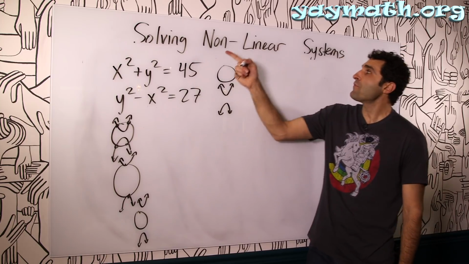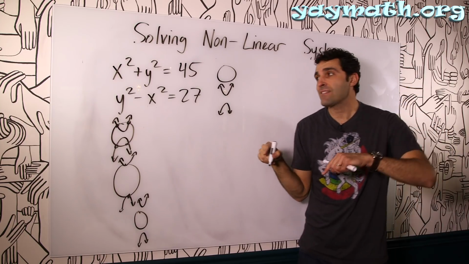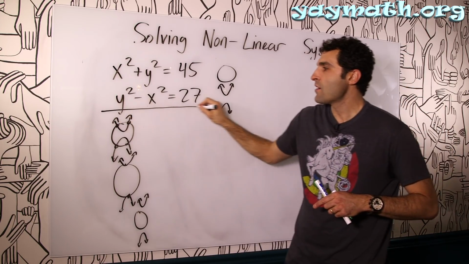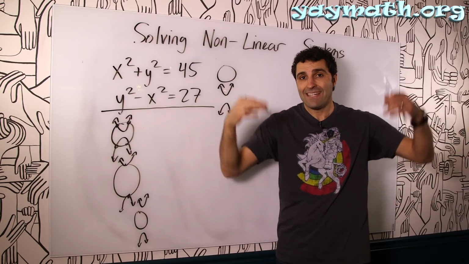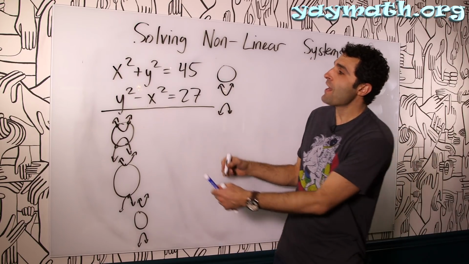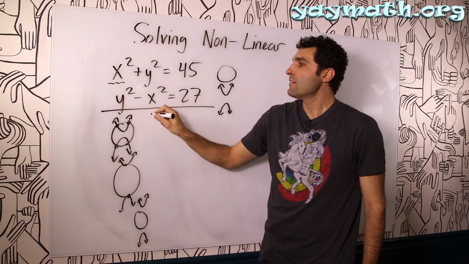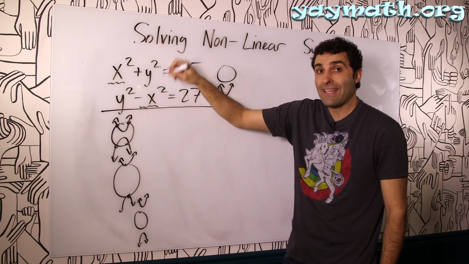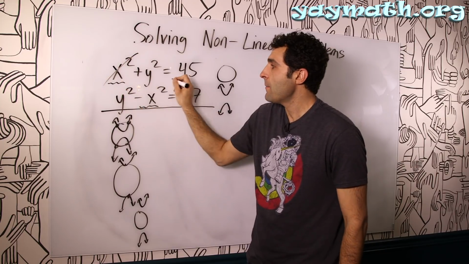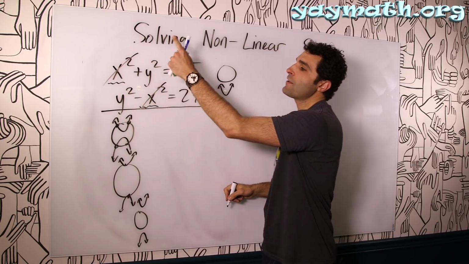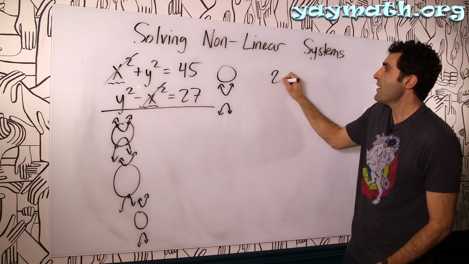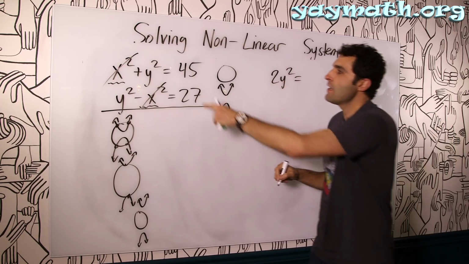The second method for solving systems, besides the substitution method, is called the elimination method, when you add down. If we add down these two equations, you will notice x squared and minus x squared cancel. Y squared plus y squared is 2y squared, and we have the equals.